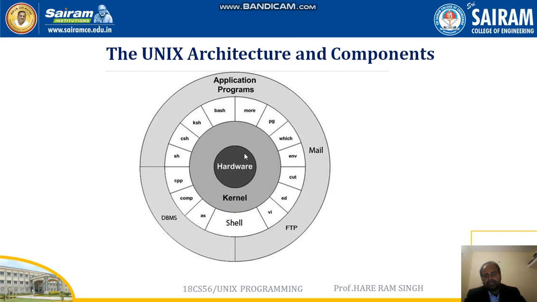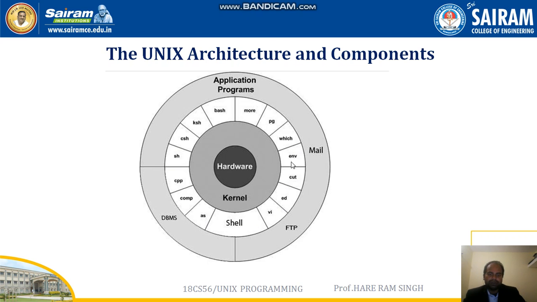In the center part, it has the hardware, then the kernel, and after that the shell. Different shells are there: C shell, K shell, bash. Along with the shell, different commands and utilities are there, like vi, ed, cut, env, pg.